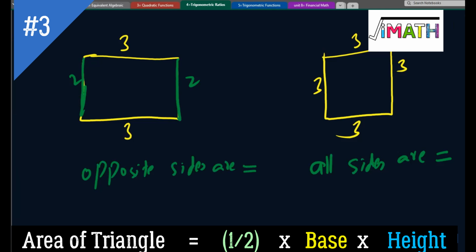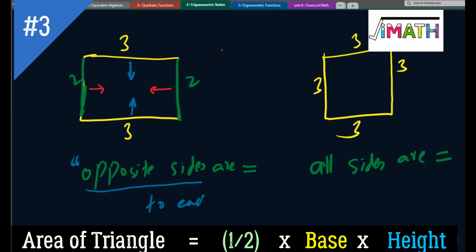The right side is opposite to the left side, and here the top side is opposite to the bottom side. In a rectangle, opposite sides are equal to each other.